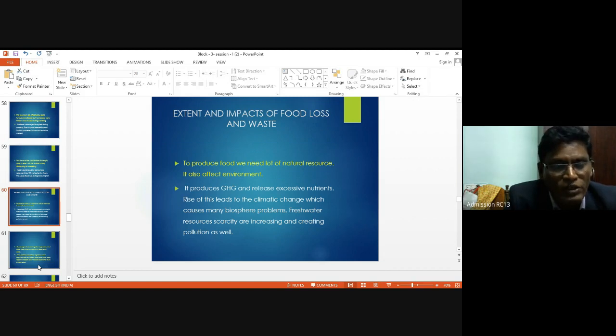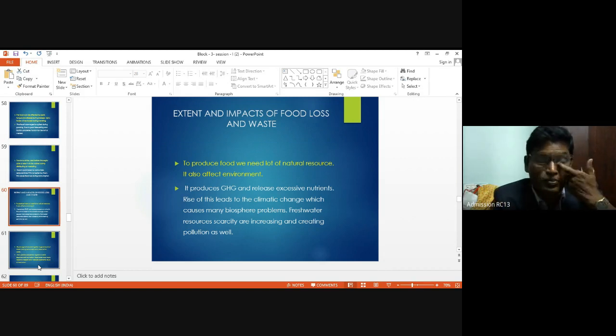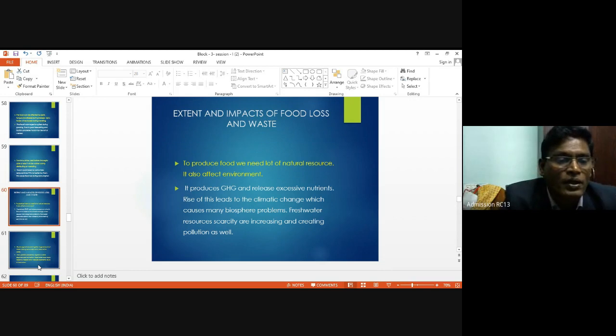All these environmental resources are required for food production. It produces greenhouse gases. Not only that, as we saw in the earlier discussion, the organic waste created by food harvesting or food residues becomes organic matter, and after its conversion it produces greenhouse gases. That greenhouse gas causes an environmental impact.